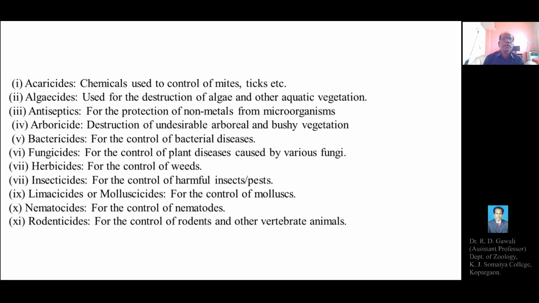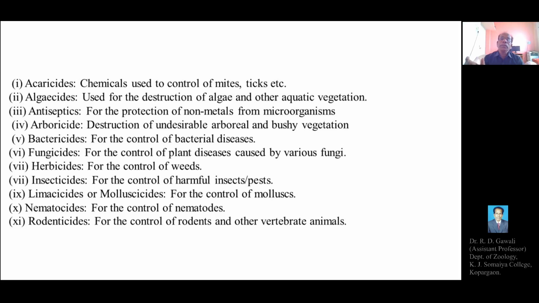So this is the classification of pesticides, the toxic chemicals used for the control of different types of pests.